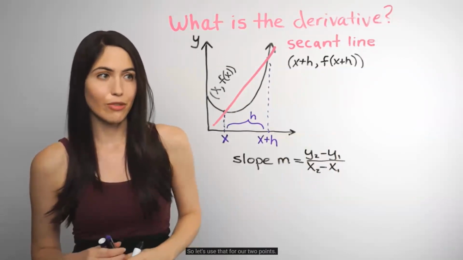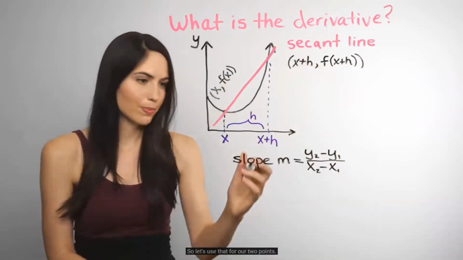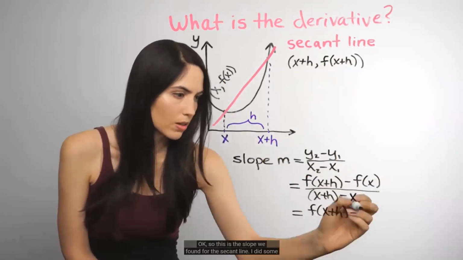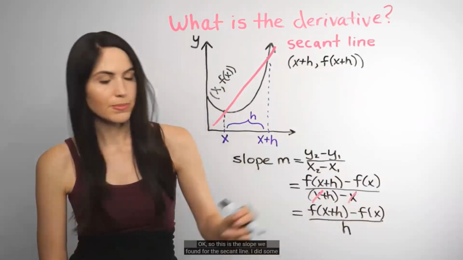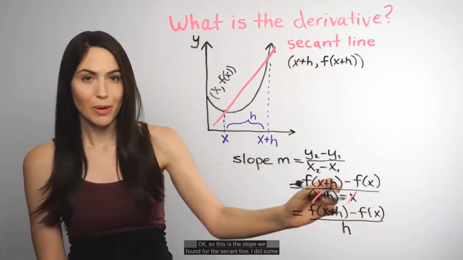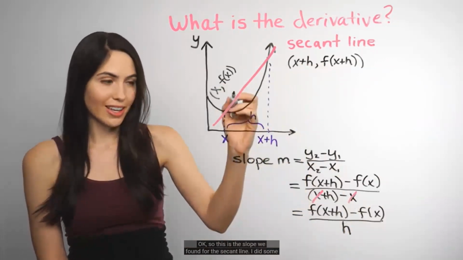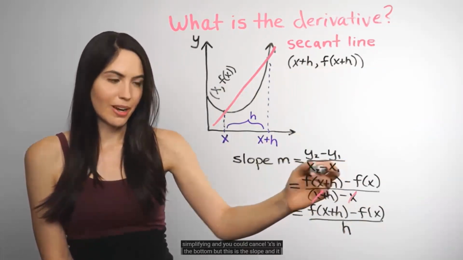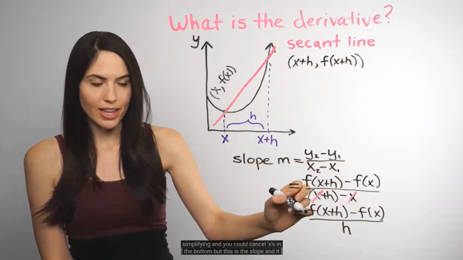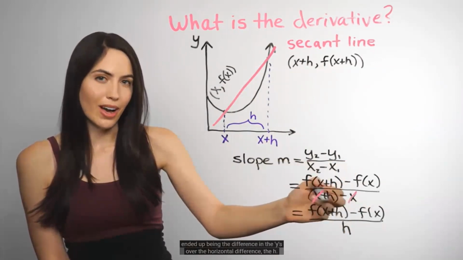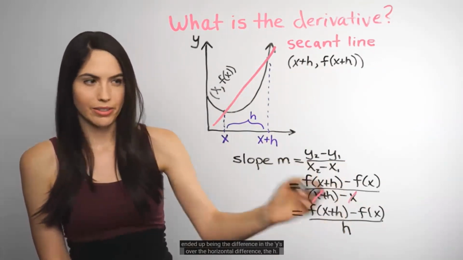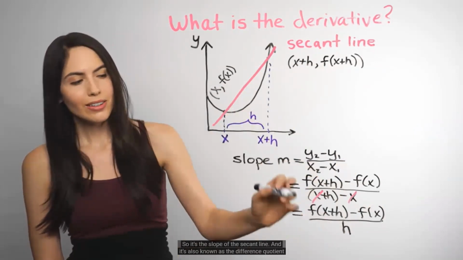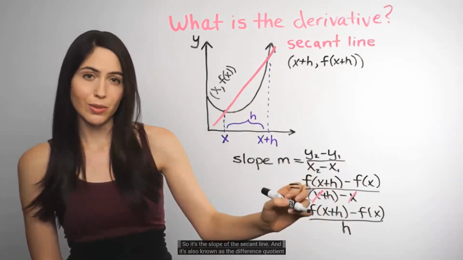So let's use that for our 2 points. Okay, so this is the slope that we found for the secant line. I just simplified and canceled x's at the bottom, but this is the slope, and it ended up being the difference in the y's over the horizontal difference h. So this is the slope of the secant line, and it's also known as the difference quotient.